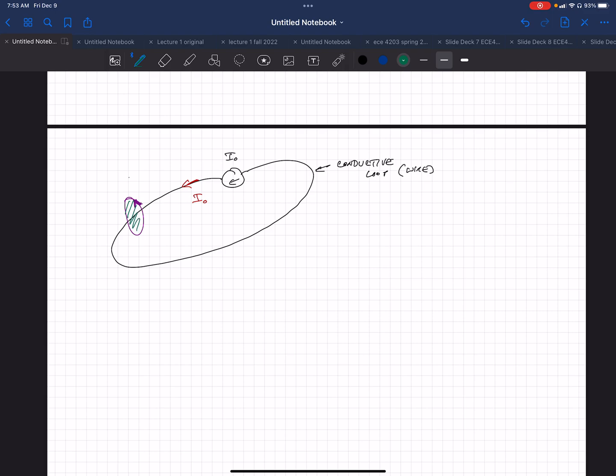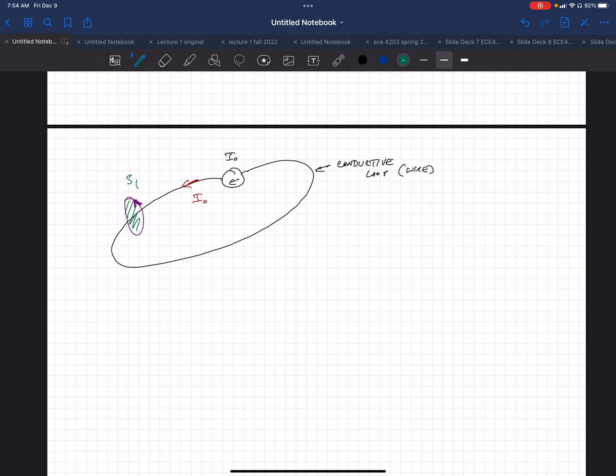surface S1. That's related to that loop. So if we take the line integral of the magnetic field around this loop, we'll come up with the magnetomotive force.